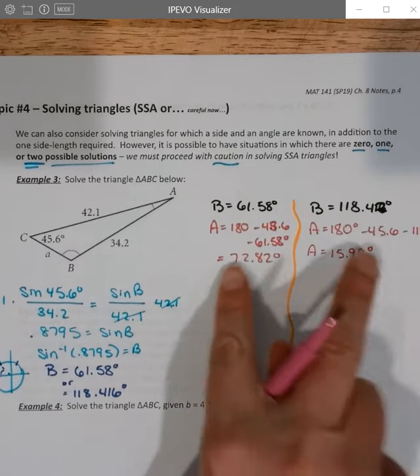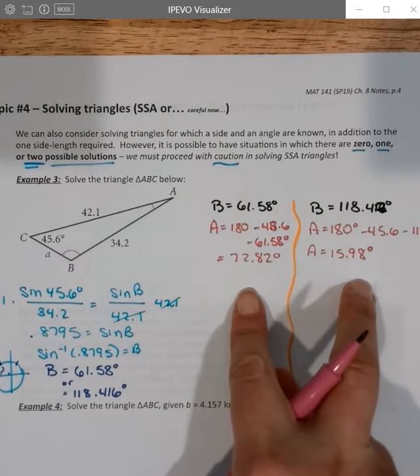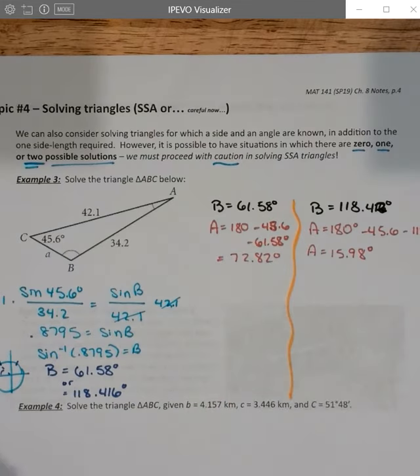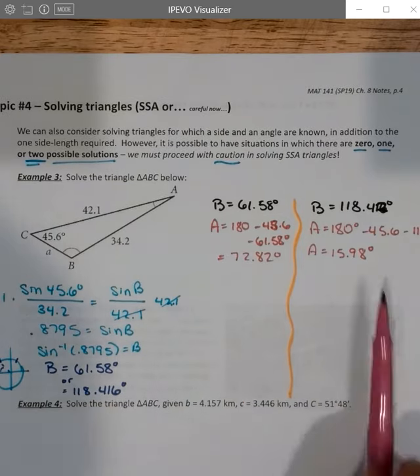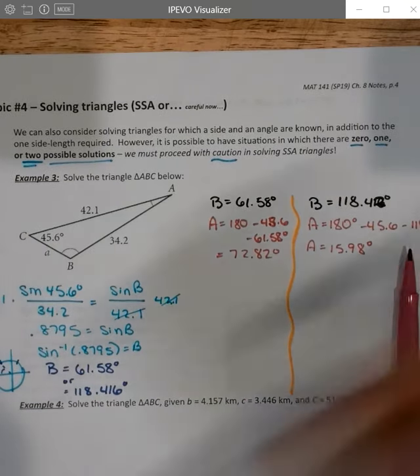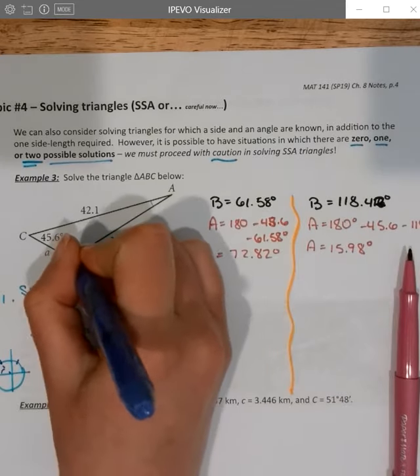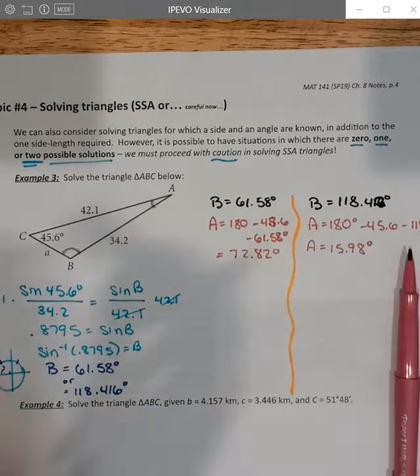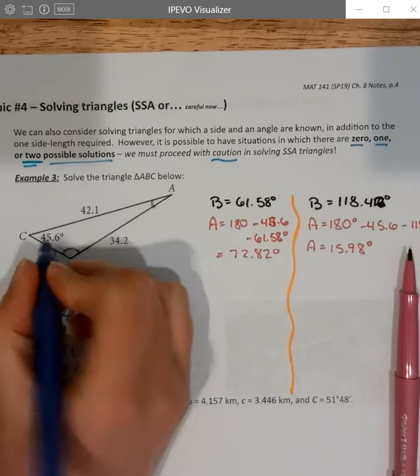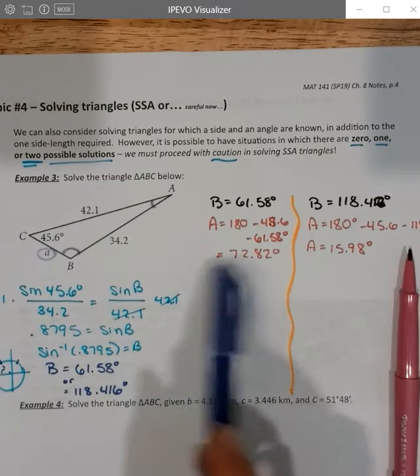So right now, so far, it looks like both are possibilities. I have an angle that sits inside the triangle. All right, so I know angle B for two possible angle B's, and I know angle A for two possible angle A's. The only thing I'm missing right now is side A, so let's go ahead and find side A for each of those.